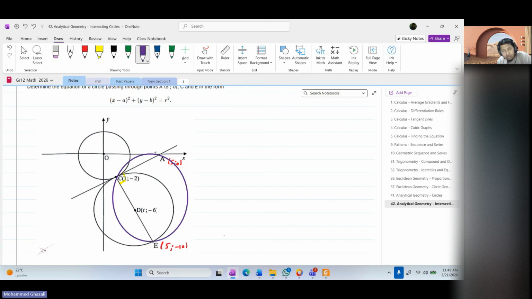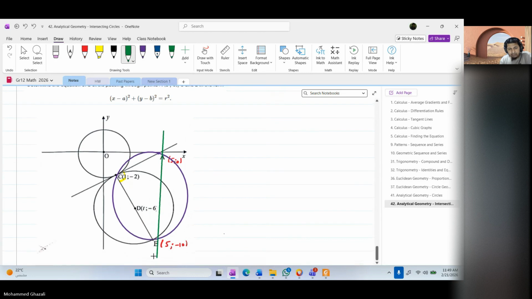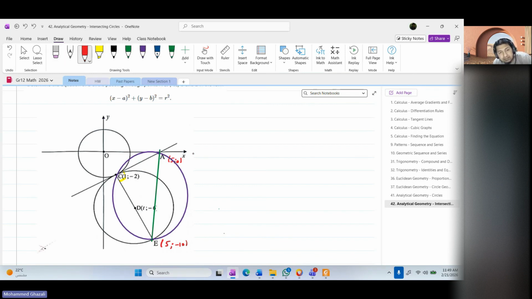Now what? I've got 3 points on the circumference, right? A, C, and E. So obviously I can't join these two lines. That's already a chord. The only option I have is to join AE. Now if I join AE, see what AE becomes. AE now becomes the diameter. Why is it a diameter? Because you got 90 degrees, converse angles in a semicircle, right?